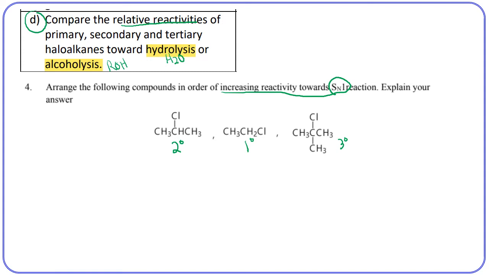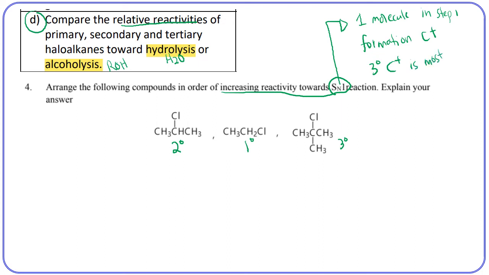So if we look at the Sn1, it involves one molecule in step 1. And then it will form the carbocation ion. So we know that tertiary carbocation ion is the most stable among these 3 classes of carbocation ion.